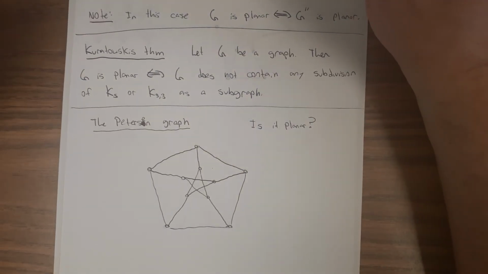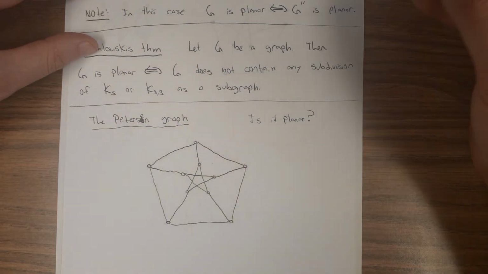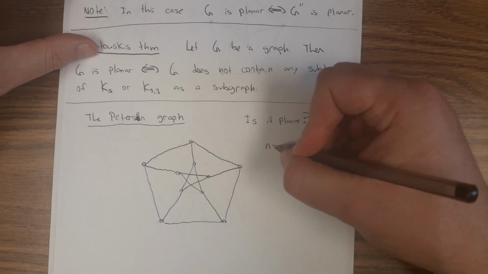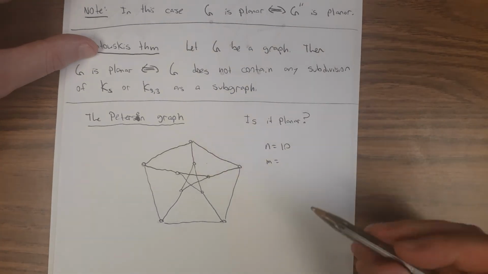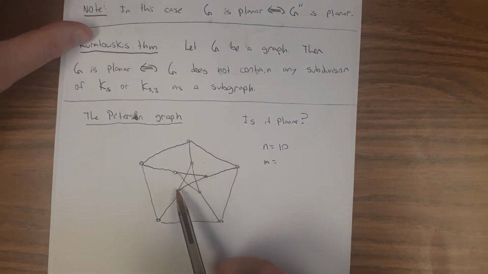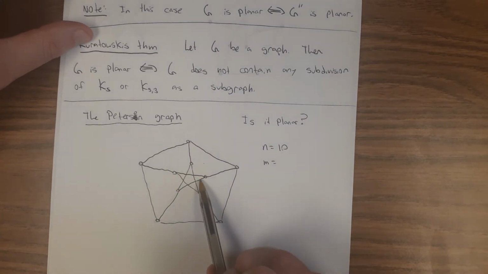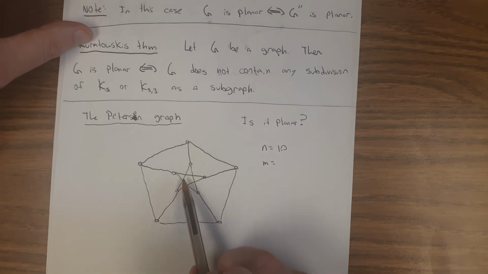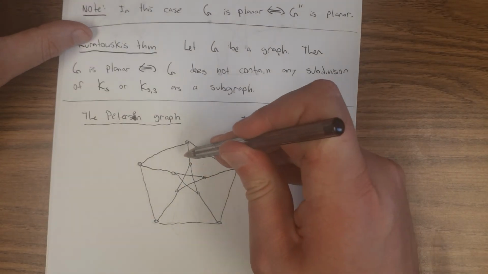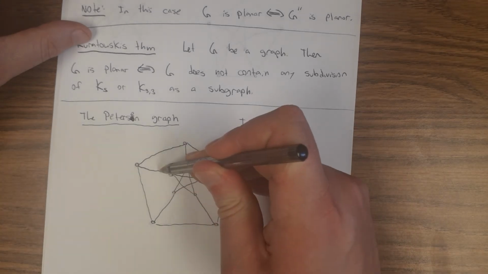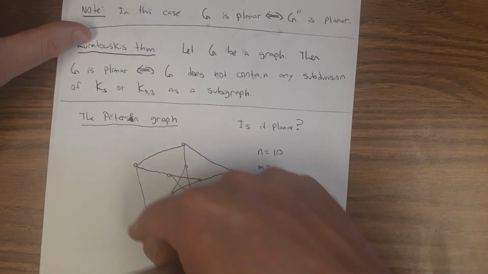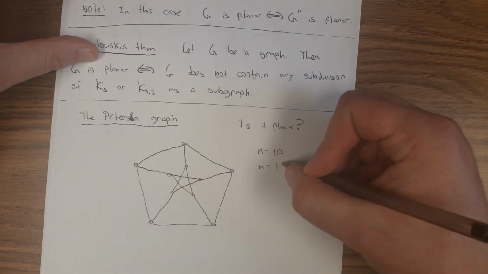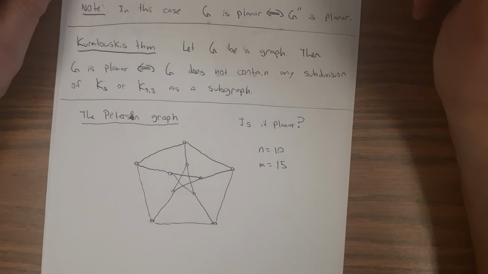Well, since we always do this, let's check the easy thing first. N would be 10. M would be, okay, let's see. I've got 5 edges in this star, and then 5 edges like this, and then 5 more edges along the outside. So I would say that's 15 edges.